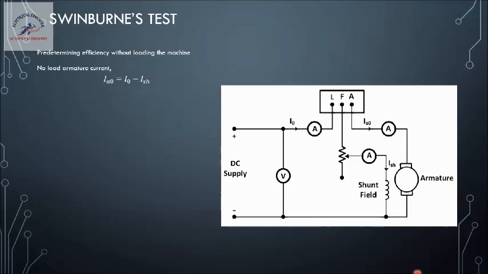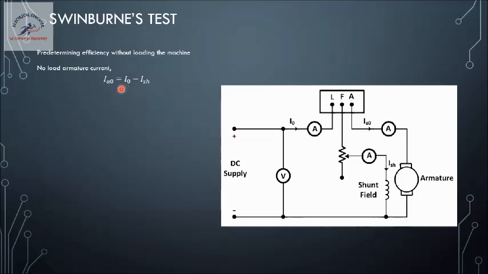Now the no load armature current is given by I naught minus ISH. Supply current minus field current is the armature current for a DC shunt motor. The supply current is given by I naught. Using the branch rule, part of the current goes to the field and the remaining current goes to the armature. If we apply KCL at this particular node, we get I naught equals IA naught plus ISH.